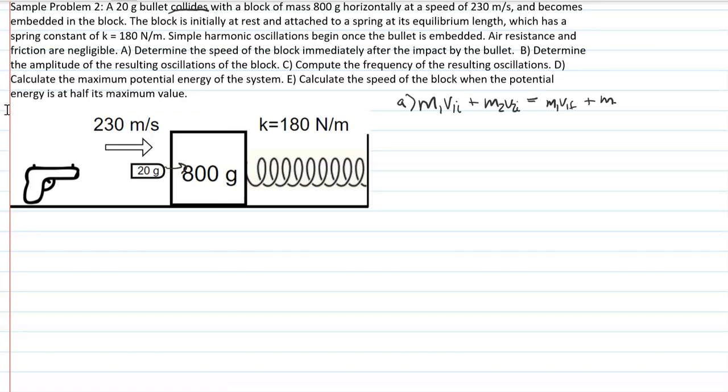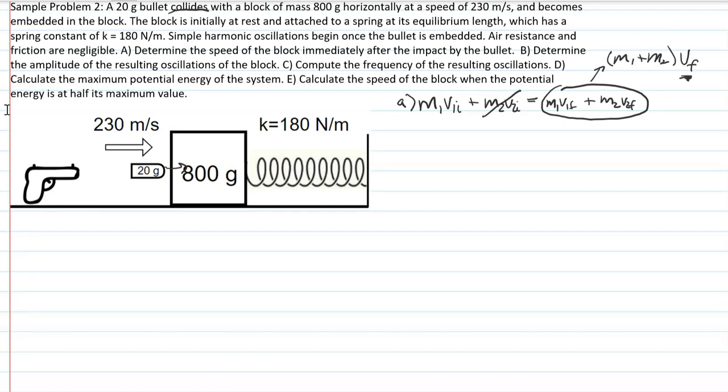Now, because this is an inelastic collision, I can change the right side of my equation to be (m1 plus m2) VF, because the bullet will be embedded in the block, so they'll be together and therefore have the same VF.